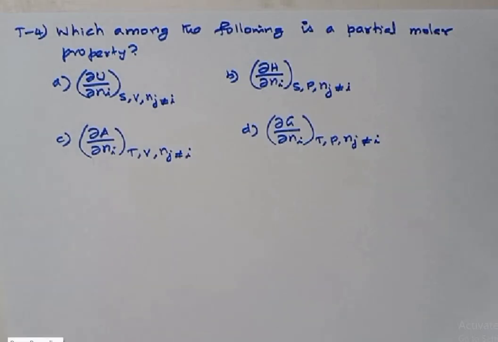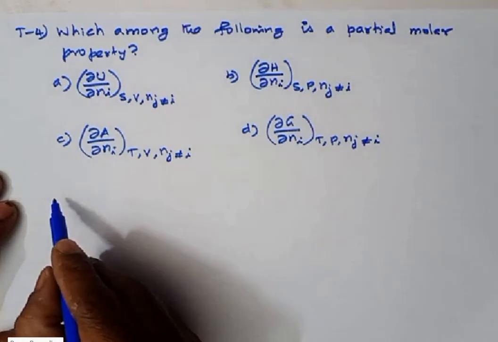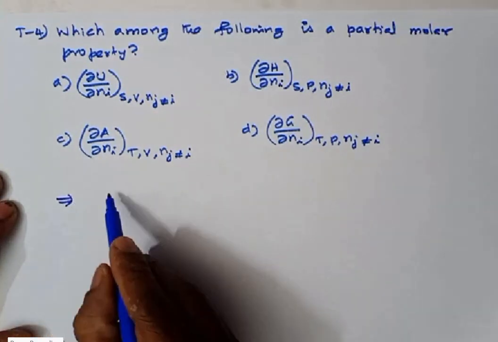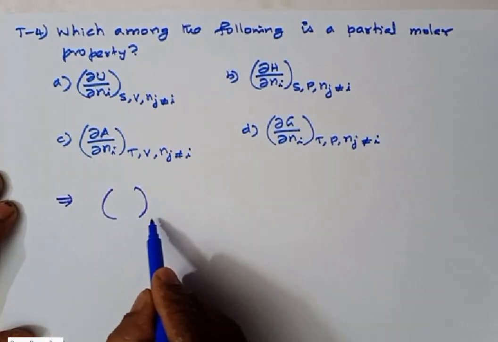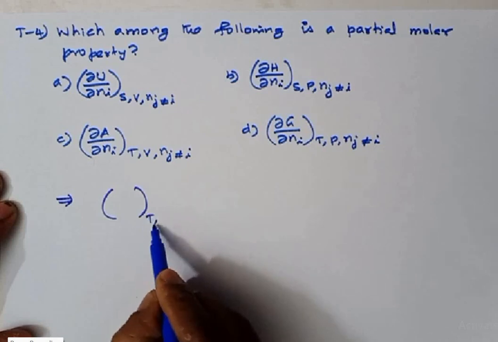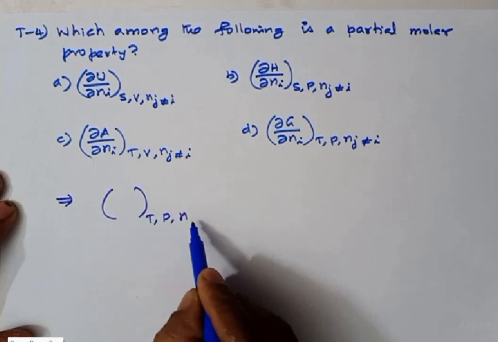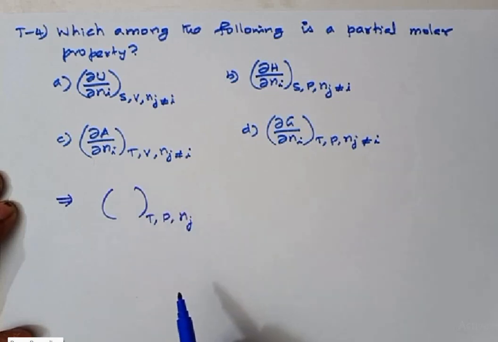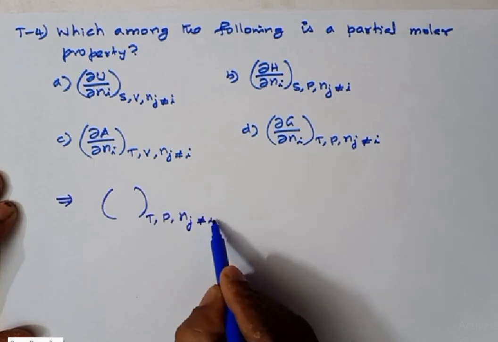This is question number 4. Which among the following is a partial molar property? I have told you, for a partial molar property, what are the quantities we should keep constant? Temperature, pressure, and the number of moles of all the components except the ith component.